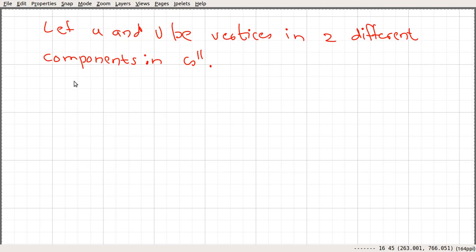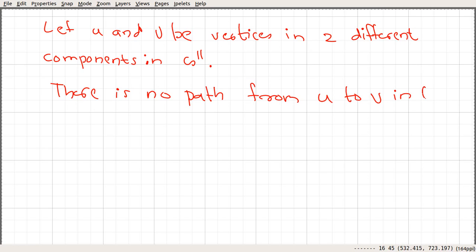Let me write down what I said. U and V are in two different components in G double dash, so there is no path from U to V in G double dash.